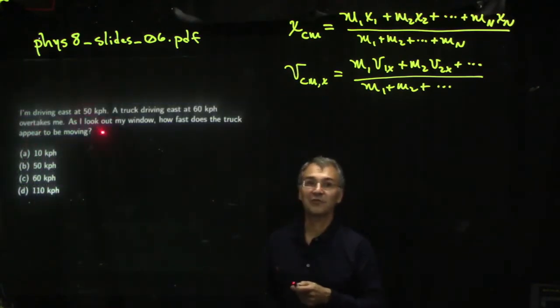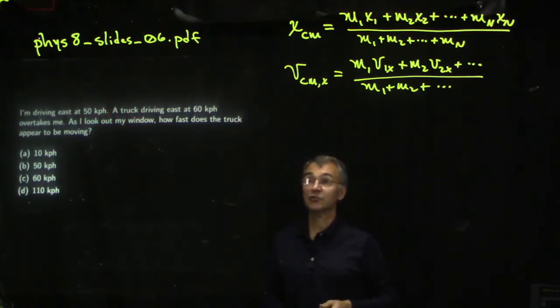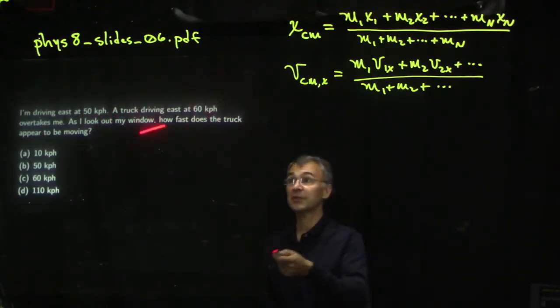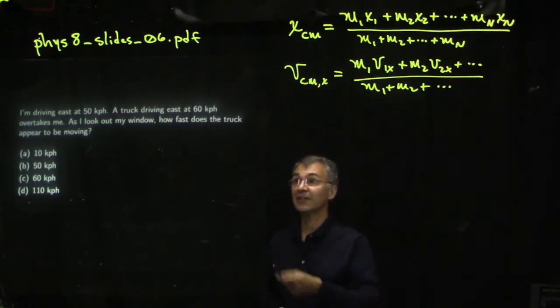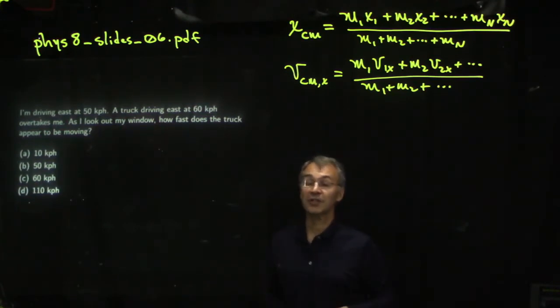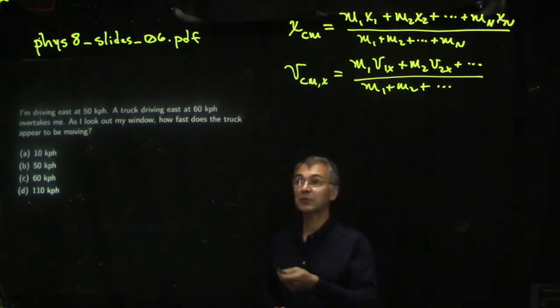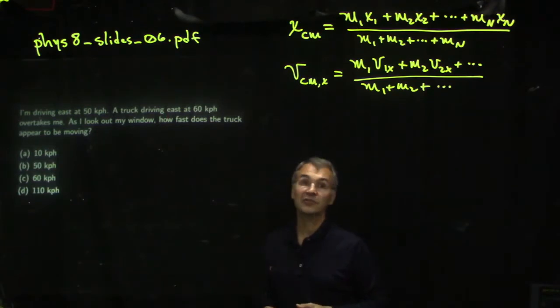I'm driving east at 50 kilometers per hour. A truck driving east at 60 kilometers per hour overtakes me. As I look out my window, how fast does the truck appear to be moving? Well, I think the truck appears to be moving 10 kilometers per hour to the east.